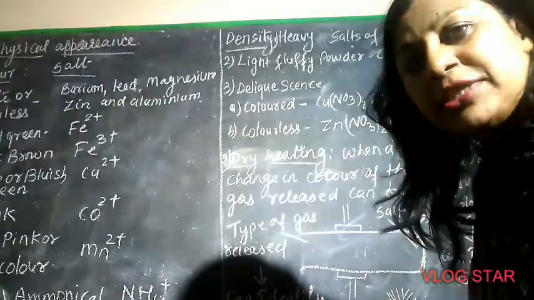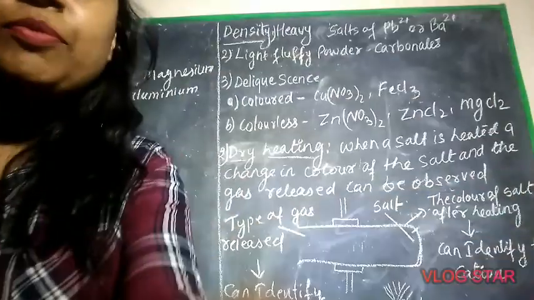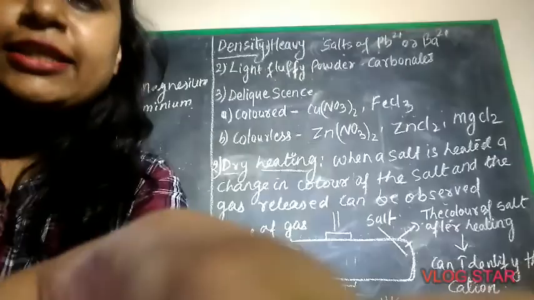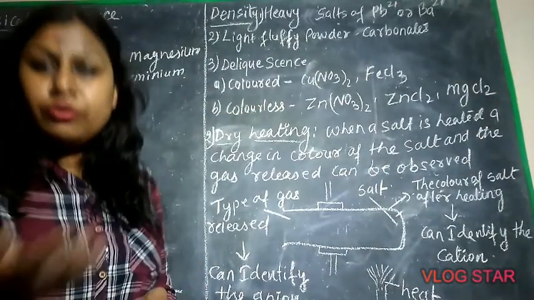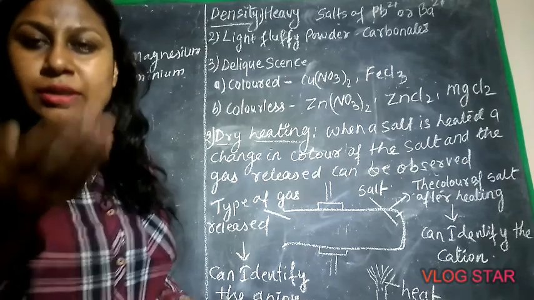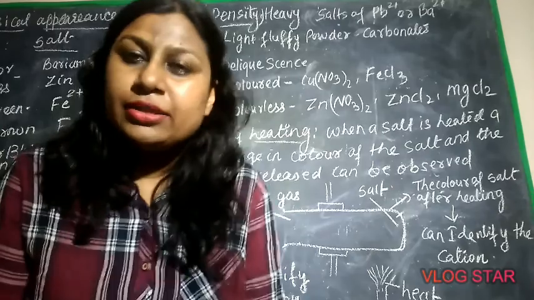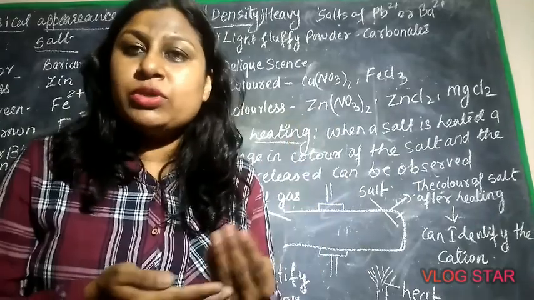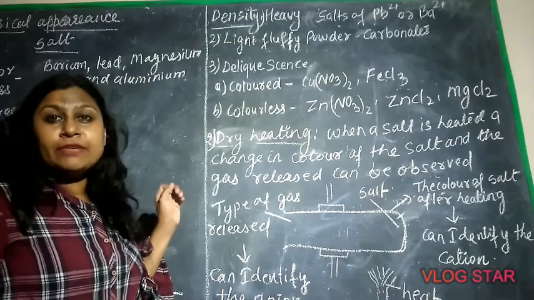Another physical property is density. Children, if you take the salt, not in your hand, it is given on paper. If you hold the salt on the paper in your hand, you will feel whether it is light or heavy.